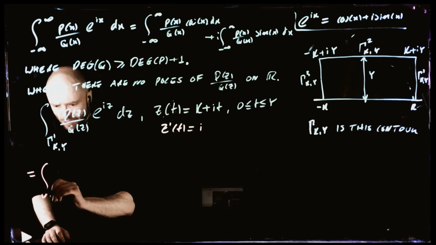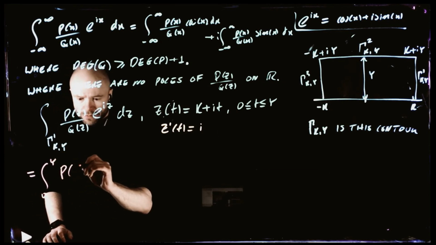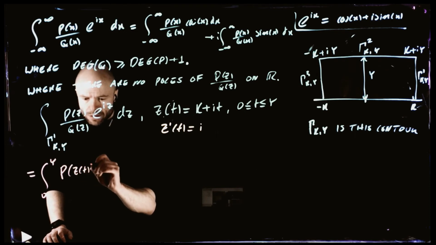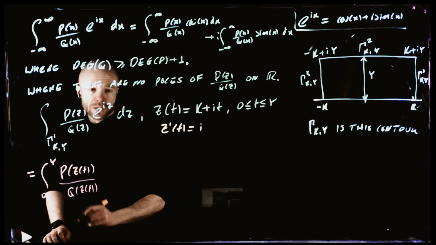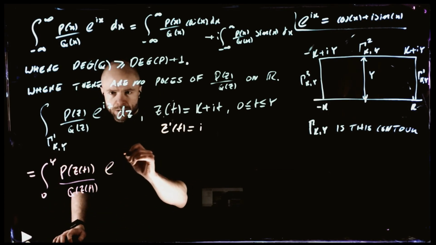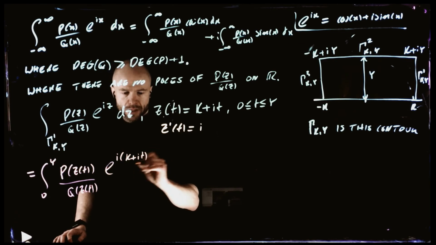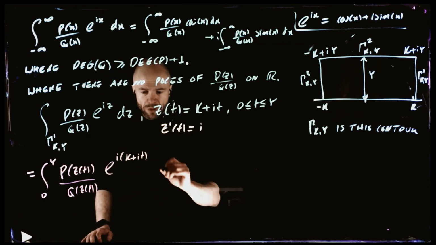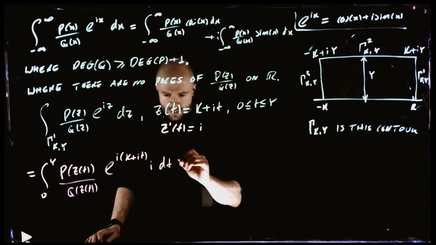We're going from 0 to y, and then we have P of z of t over Q of z of t, and we have e to the i times (r plus i times t), and then we just have i dt, like this.